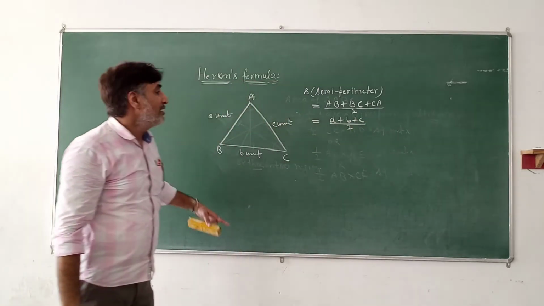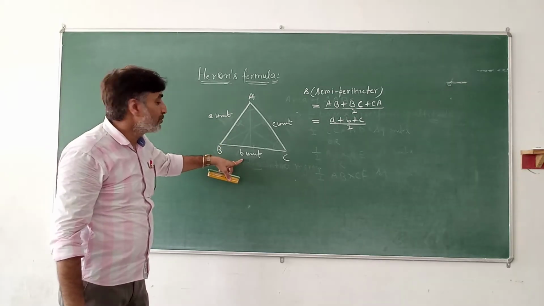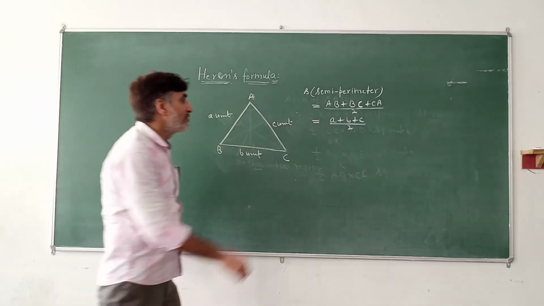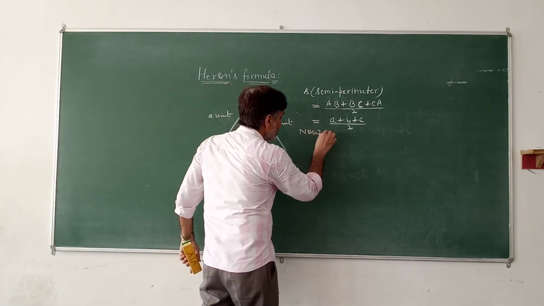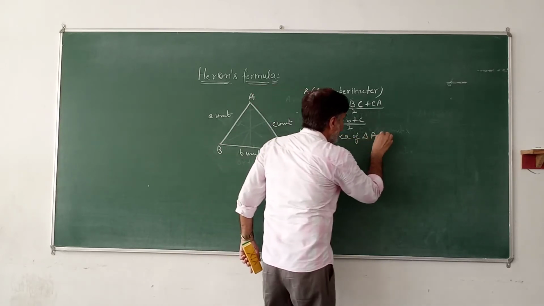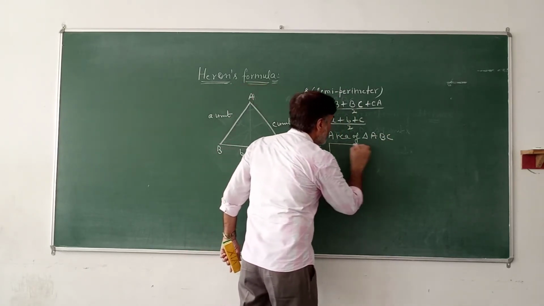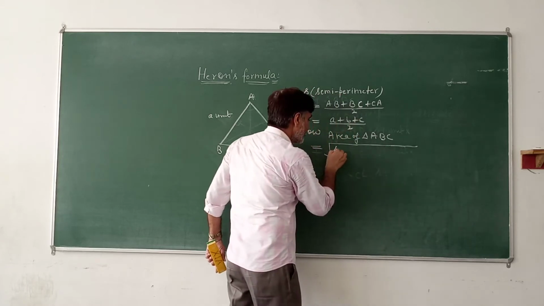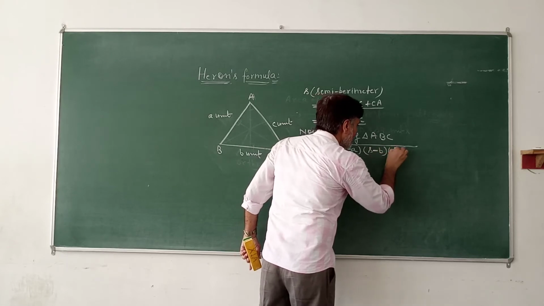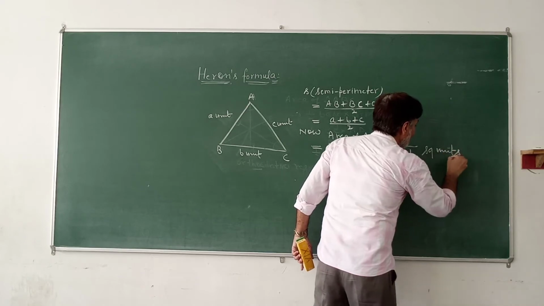Since we are assuming the length of side AB as small a unit, the length of side BC as small b unit, and the length of side CA as small c unit, the area of this triangle ABC becomes square root of s into (s minus a) into (s minus b) into (s minus c) square units.